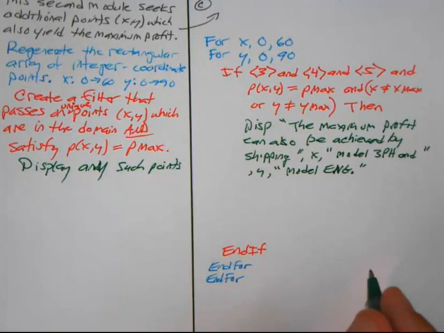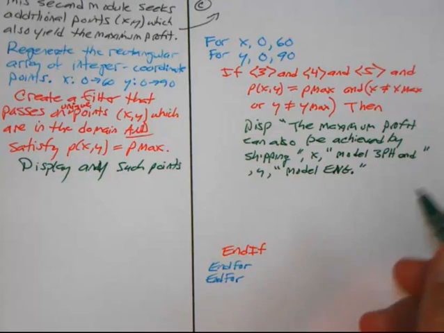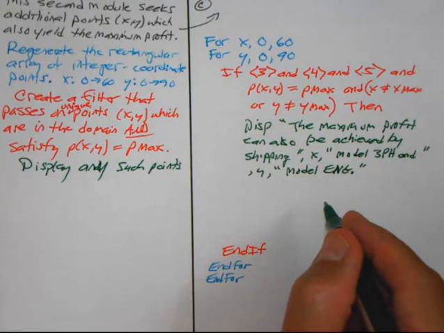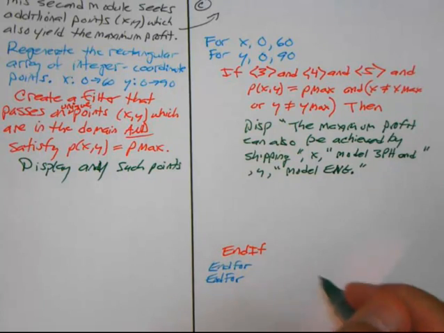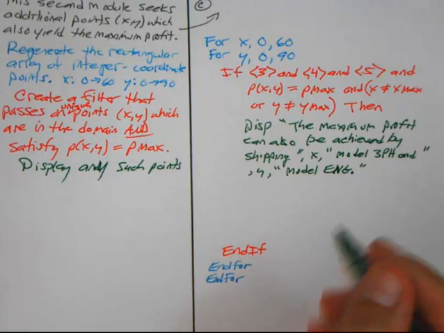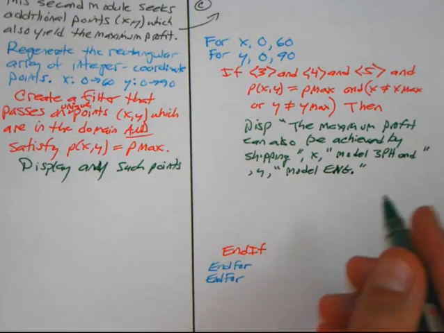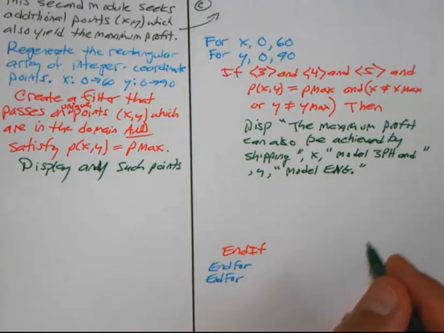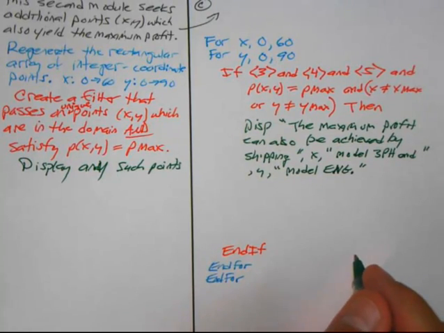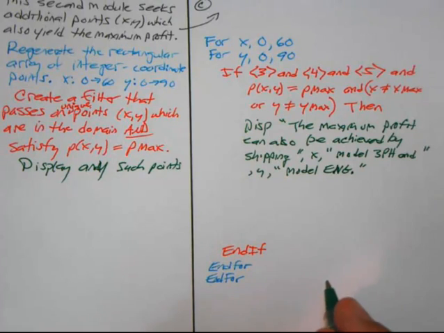A final thing that would be kind of nice here would be, what if there are no other XY's that yield the maximum profit? What if we only have the one result there? Okay, well, I guess we could just leave it and have nothing else said, but it might look nice to show that we've gone to the effort of checking for just that situation and making it abundantly clear that we've done so by having a statement pointing that out if it occurs.